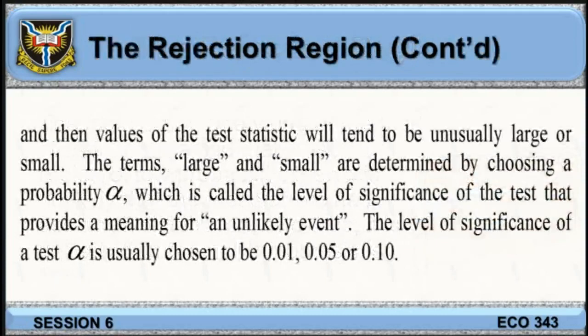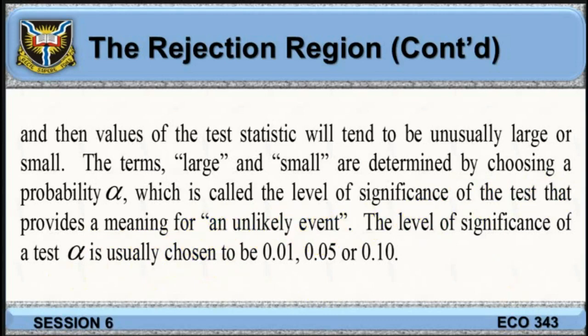Values of the test statistic will tend to be unusually large or small. The terms large and small are determined by choosing a probability alpha, which is called the level of significance of the test, that provides a meaning for an unlikely event.